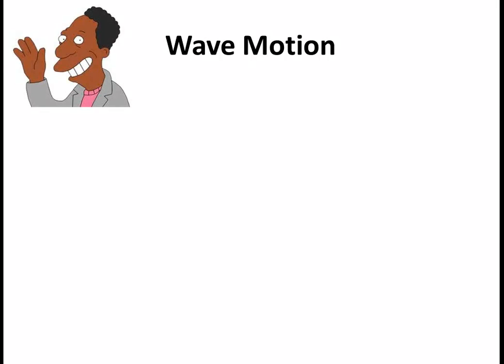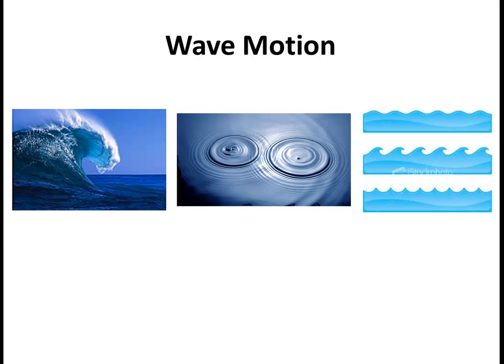All right, so let's talk first, just a very brief introduction about what we mean by waves and wave motion. So when you hear the word wave, what do we usually think about? That's one kind of wave, but actually we're thinking about these kind of waves when we're talking about chemistry and physics.